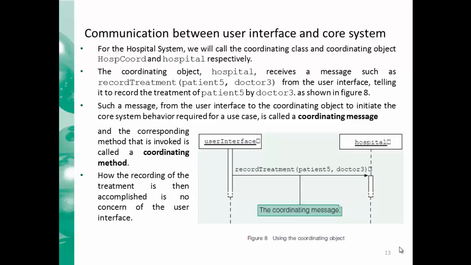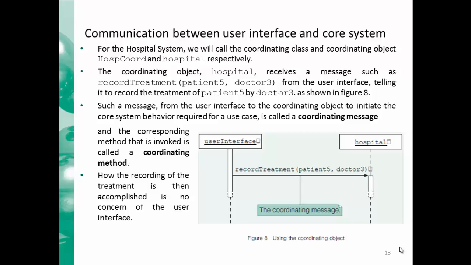Now in the core system, we can call record treatment by or record treatment of, and use the same objects as a parameter or as a service provider, as we mentioned in the previous cases. But in this case, our coordinating object is hospital. Our coordinating message is record treatment that takes two parameters, patient 5 and doctor 3.